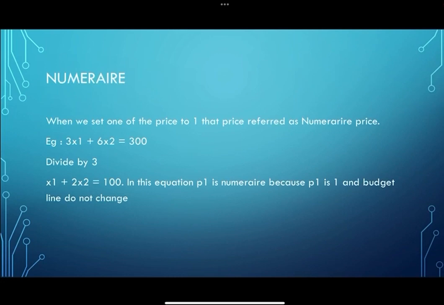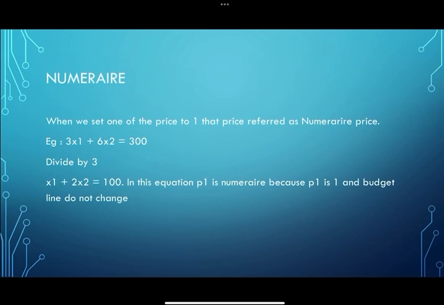What will you get? See, what is 60 by 3? You will get 20. What is 20 by 3? 6 point something, 6.6 you will get.